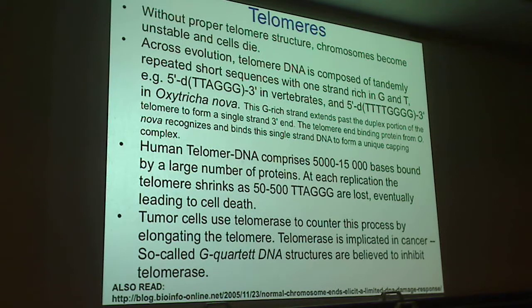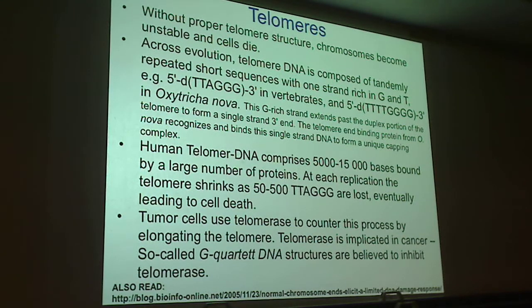So telomeric DNA is composed typically across all lineages of shorter, very much repeating fragments. Vertebrates have this typical TTAGGG, and then you get TTAGGG, TTAGGG, roughly 150,000 times that repeat, so it's quite a stretch, the telomeric region. In bacteria, I will show you that later on, it's different, but it is also repeated, right?